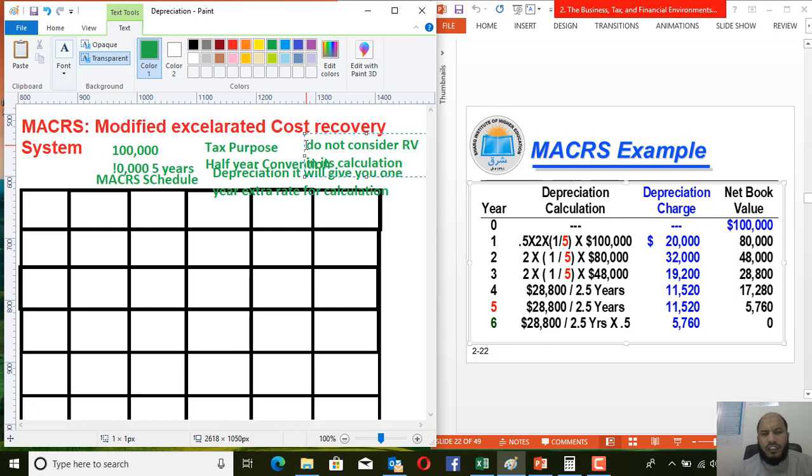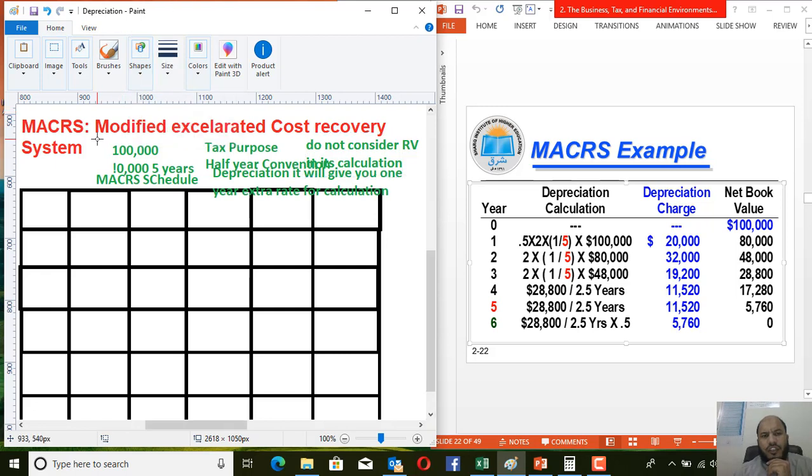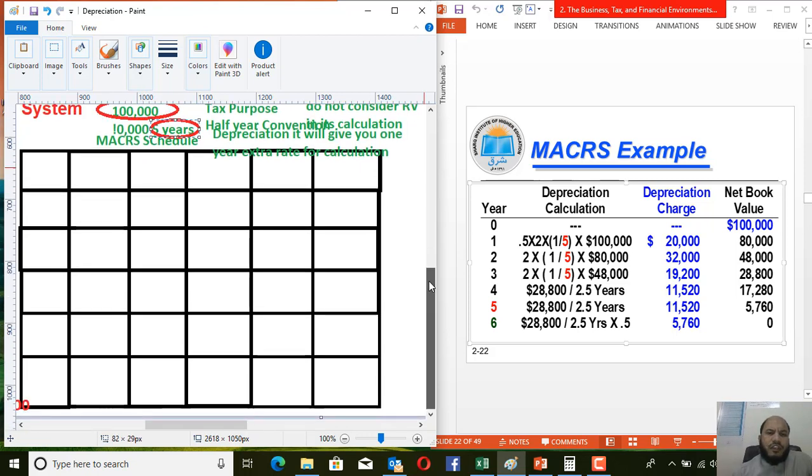This is the MACRS characteristic. So let's have the same example that we discussed earlier: cost 100,000, 5 years useful life, and we will calculate the depreciation expense for it.